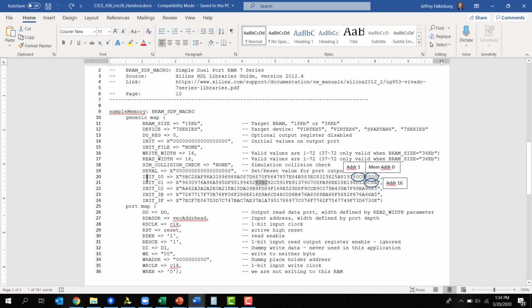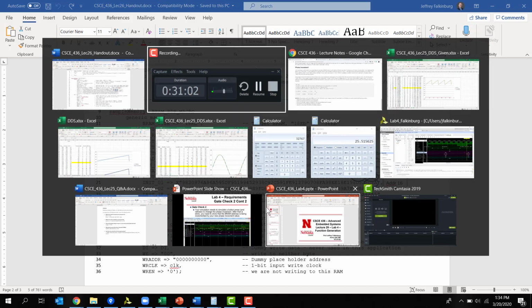Ultimately, I'll let you figure out how to concatenate all those together. You can write a program that'll do it. You can use Excel, you can use Notepad and some clever manipulation. And then on each of the 64 rows, you write the init values from 0 to 3F, and getting all those values in and plugging them into your VHDL code.